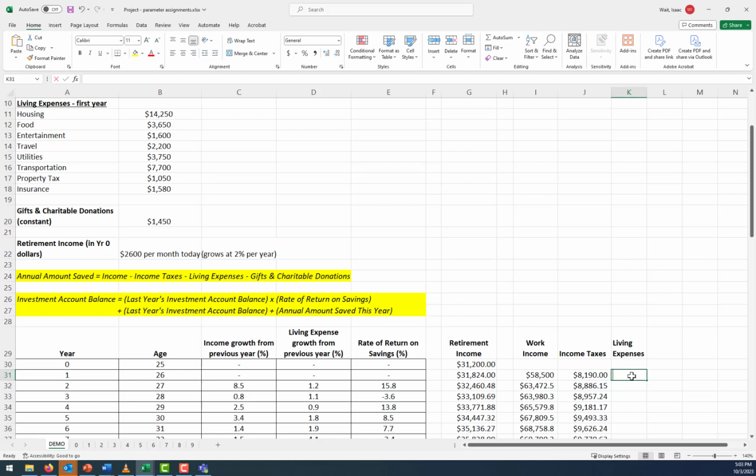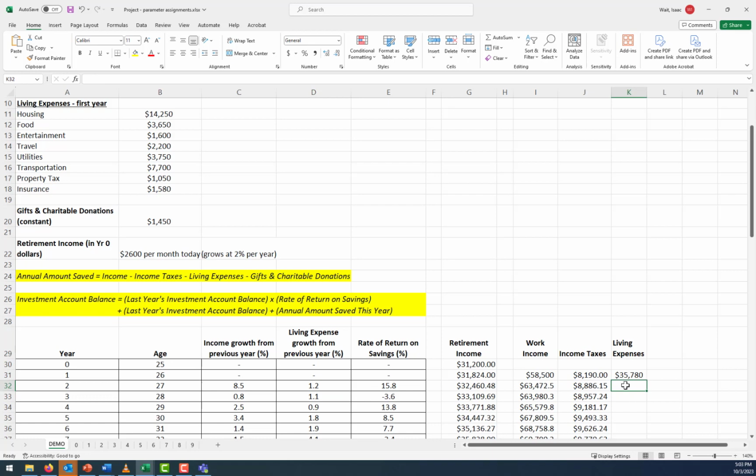So I'm going to say it is the sum of these things, and you'll notice what row I'm on. I'm on the row that's associated with year 1. So this person's living expenses in the first year are $35,780.